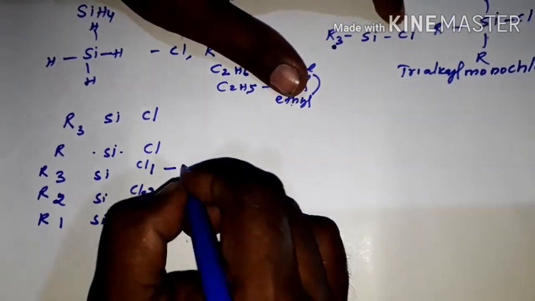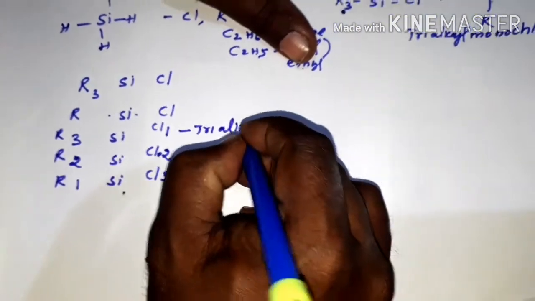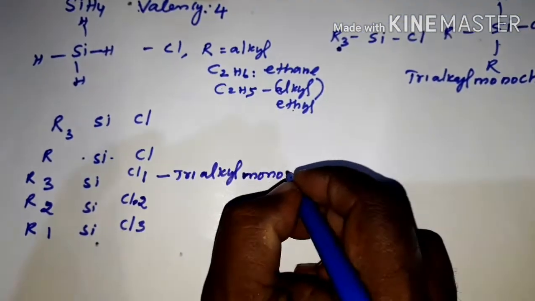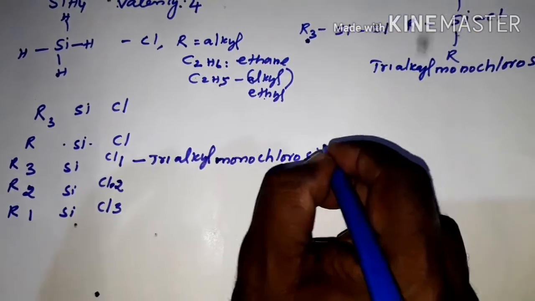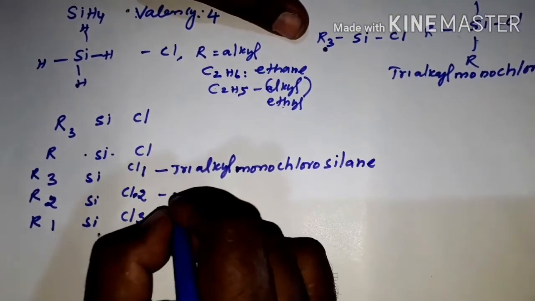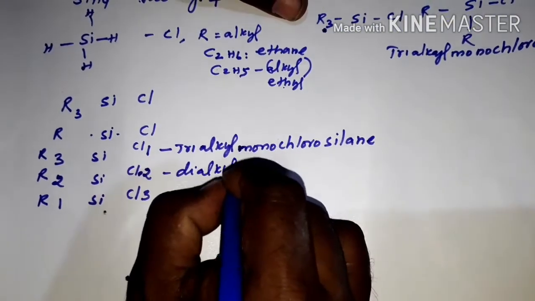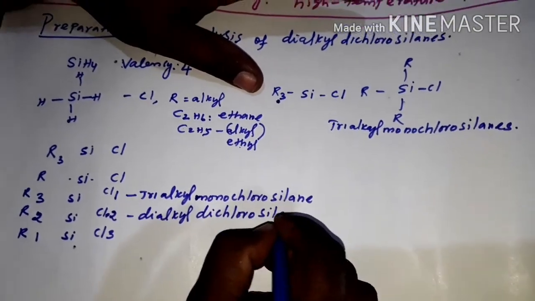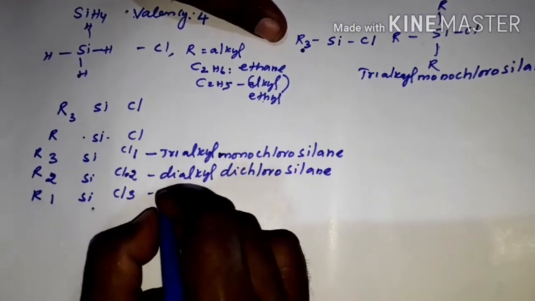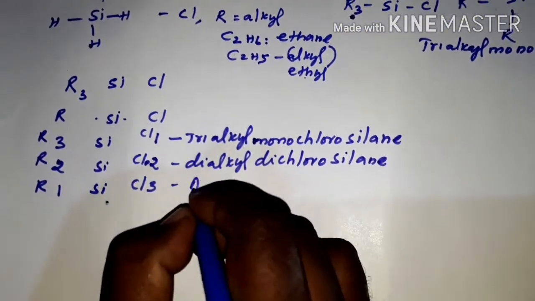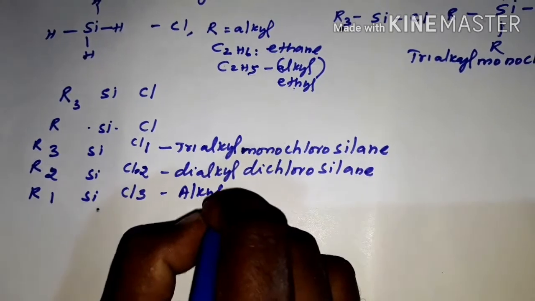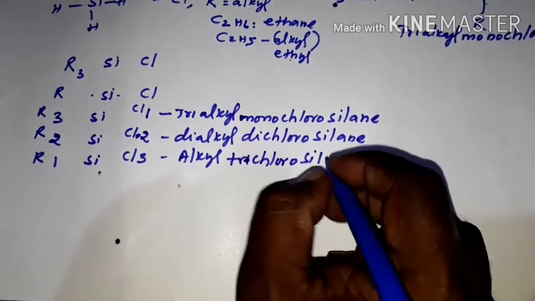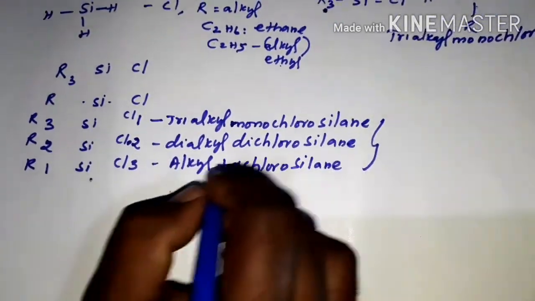This name is trialkyl monochlorosilane. This is dialkyl dichlorosilane, and this is alkyl or monoalkyl trichlorosilane. Hope you understood the names.